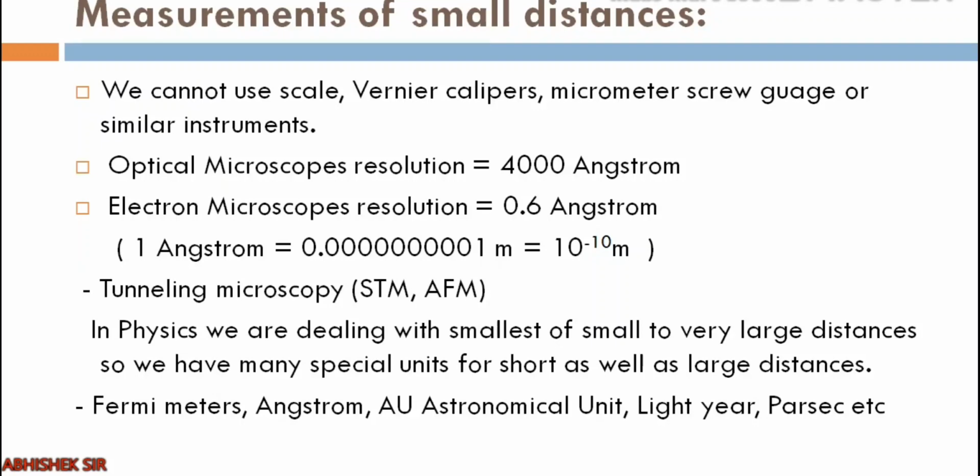It is the average distance of the sun from the earth, right? And it is approximately 1.5 into 10 raised to 11 meter. Clear? Even light year has a definition: the distance traveled by light in 1 year, and parsec is the largest unit of distance that we use.